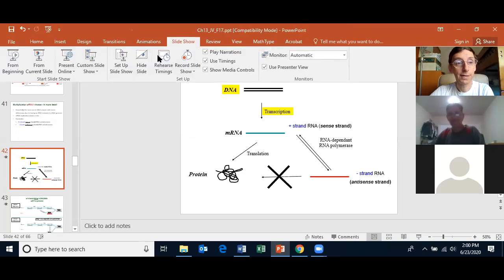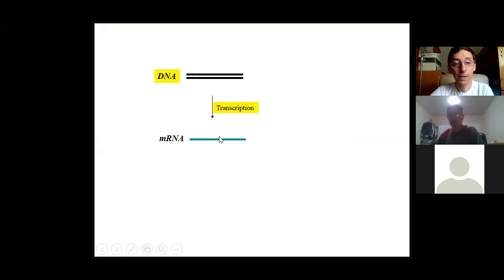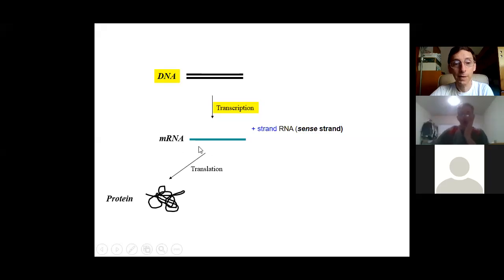Let me show the slide here. If we have a DNA virus, you just transcribe the DNA to get the viral messenger RNA and translate that into protein. That's pretty standard. That's the positive strand RNA, the messenger RNA.